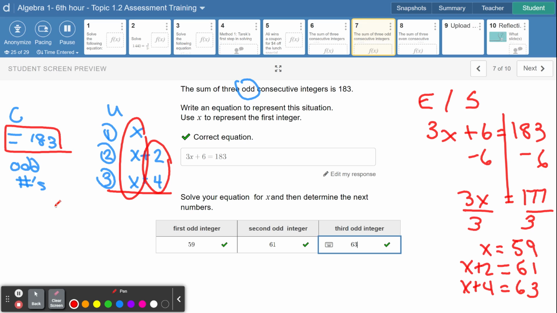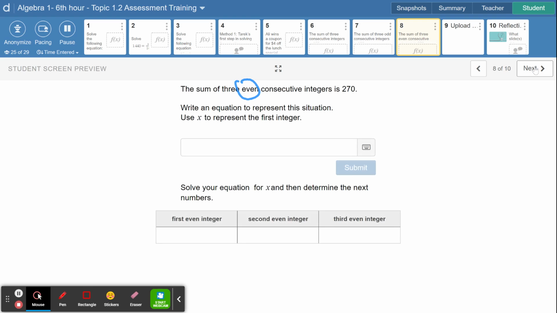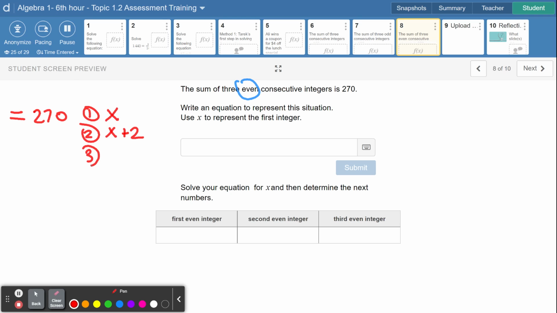Now in the last slide, it's honestly the same thing, but instead of odd, it will be even numbers. We're still going to be skipping. So our pattern is still going to be the x plus 2, x plus 4. So this is our first number, second number, third number.